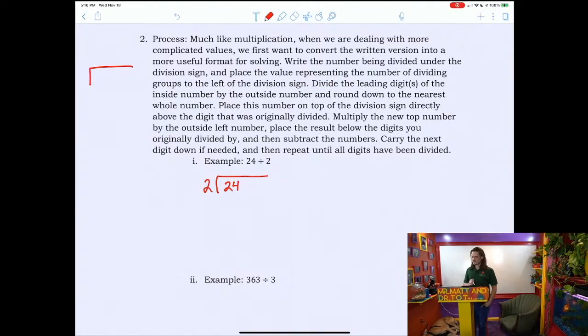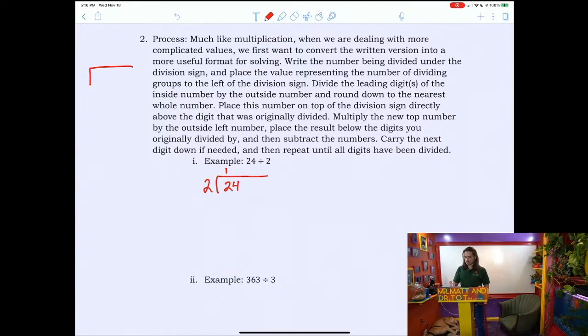So starting with the leading coefficient of 2 and the tens value of 24, I'm going to take 2 divided by 2. 2 can go into 2 one time because 2 times 1 is 2. You can always reverse the logic and think about it as a multiplication problem if that makes it easier for you. So because 2 times 1 is 2, 2 divided by 2 is 1.